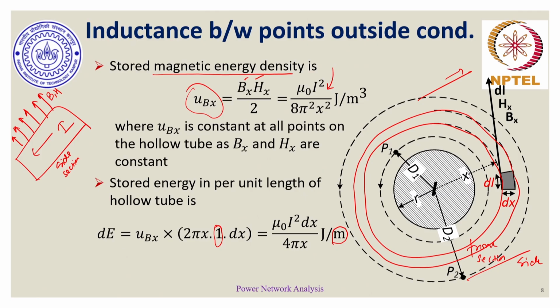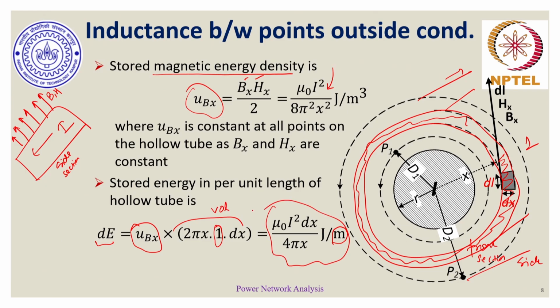And 2 pi x into dx is nothing but the front cross section of this cylindrical hollow tube, which we multiply with unit length 1, which gives us the volume of this entire cylindrical hollow tube. So, we can find the unit energy stored in this hollow tube: stored magnetic energy density multiplied by the volume of the cylindrical hollow tube gives us this expression of dE.